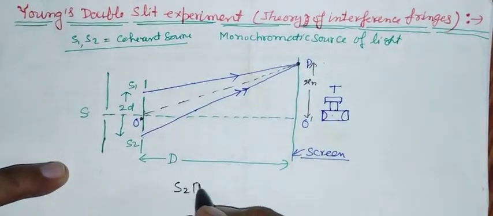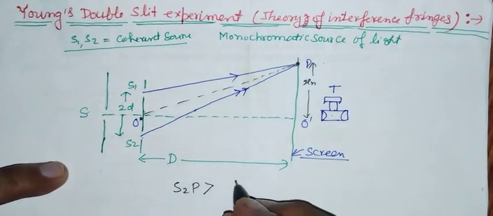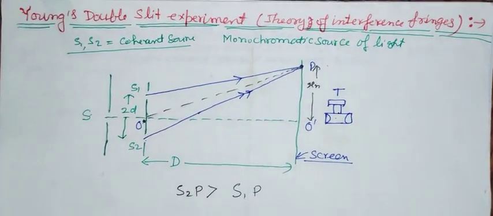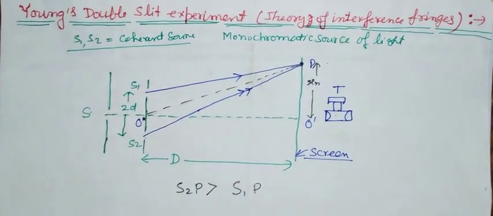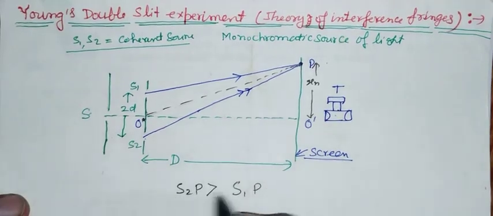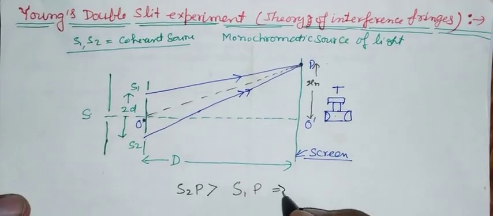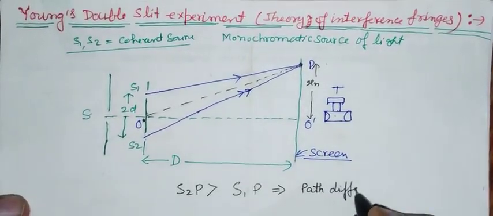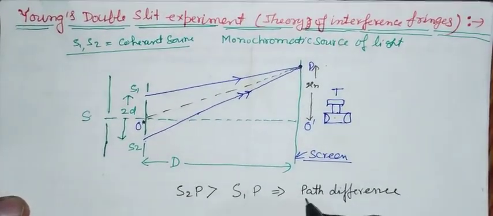This S2P takes a longer path than S1P. See in the diagram. S2P travels an extra path. Due to this extra path, there exists a path difference in both.